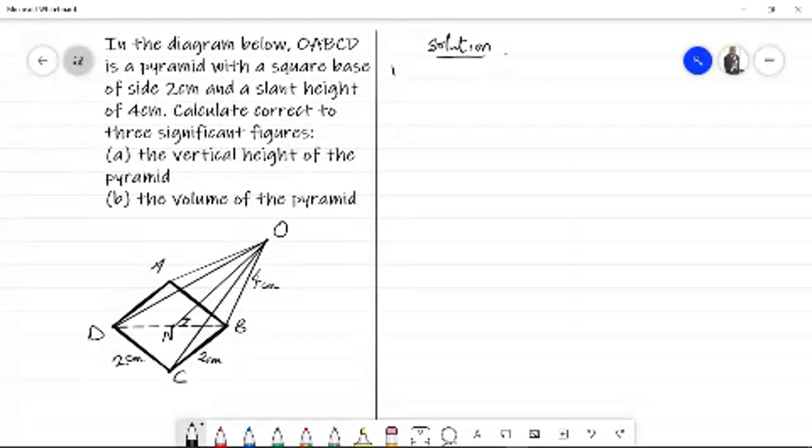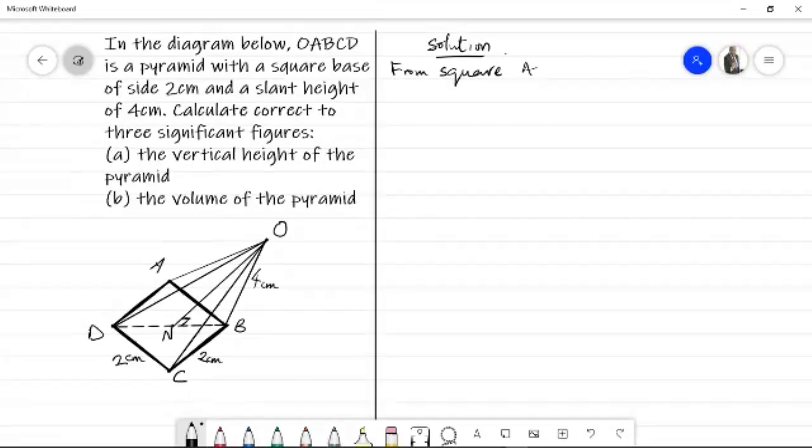So I start from the square base, which is the square ABCD, and I quickly draw a simple square to follow through with what I want to talk about, and label it as the square ABCD, just like we have it in the diagram.